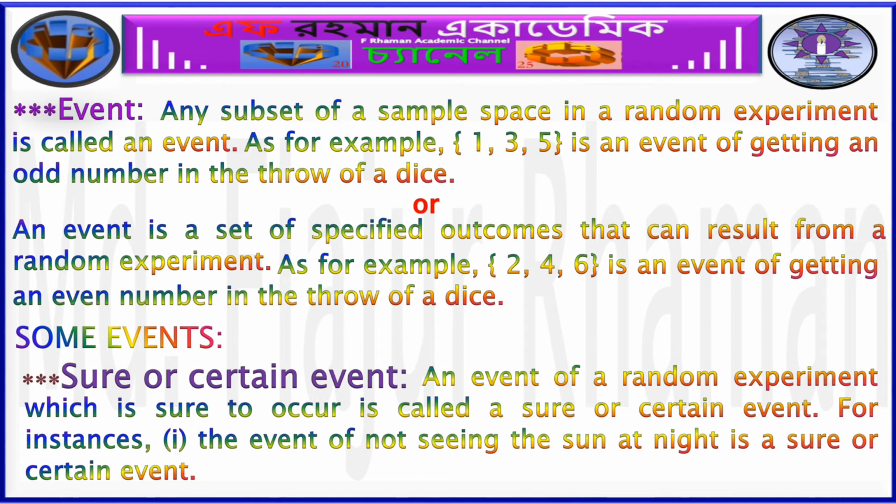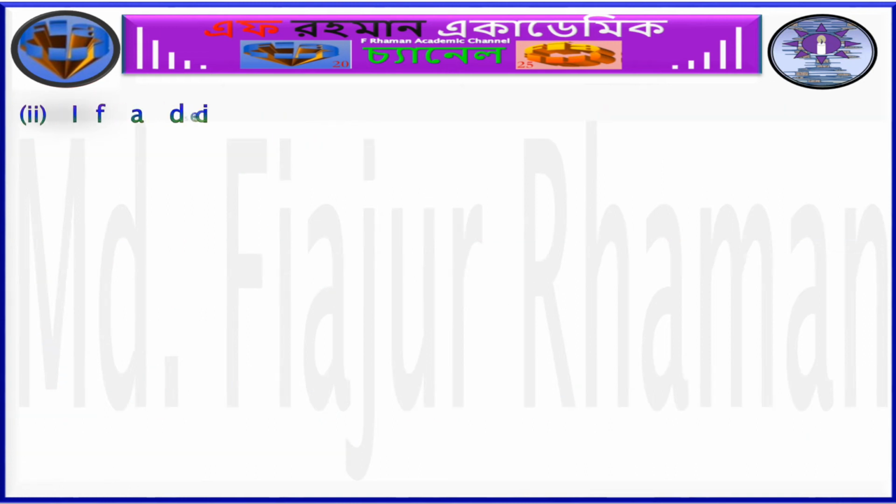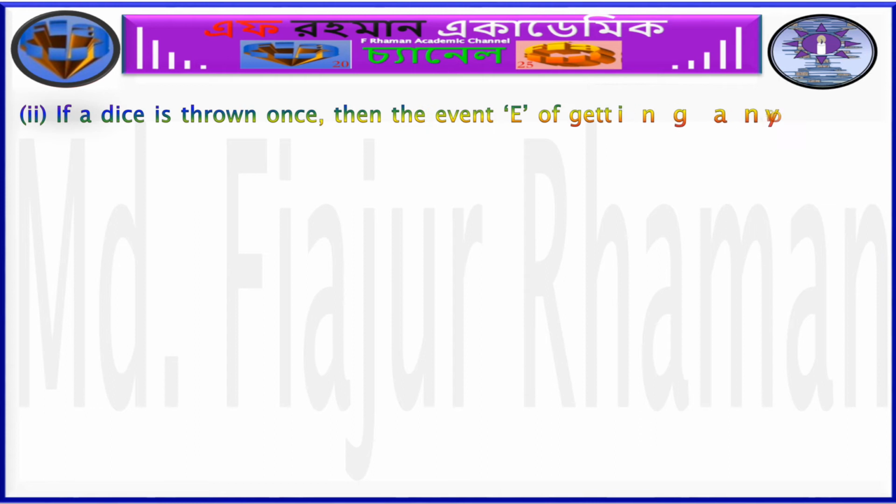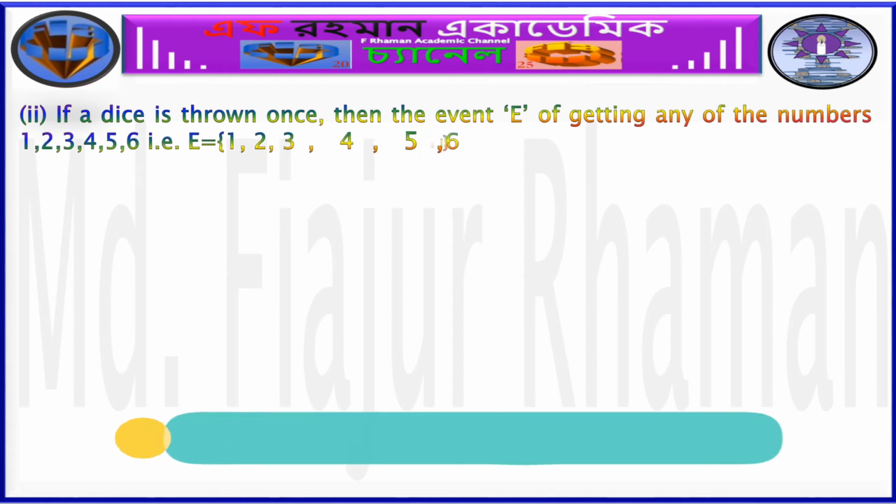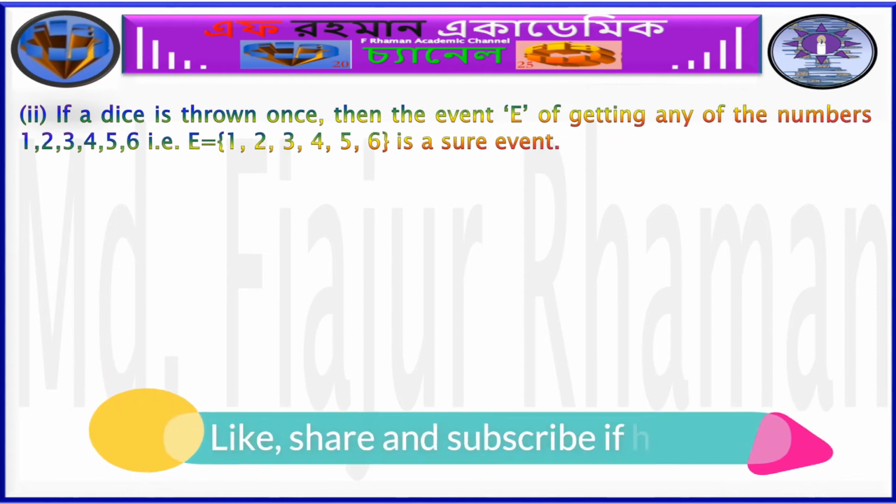The event of not seeing the sun at night is a sure or certain event. Example 2. If a dice is thrown once, then the event E of getting any of the numbers 1, 2, 3, 4, 5, 6, that is E = {1, 2, 3, 4, 5, 6}, is a sure event.